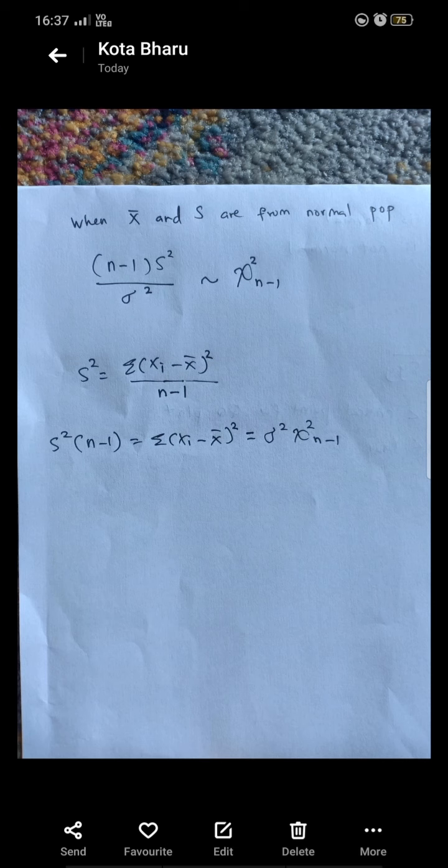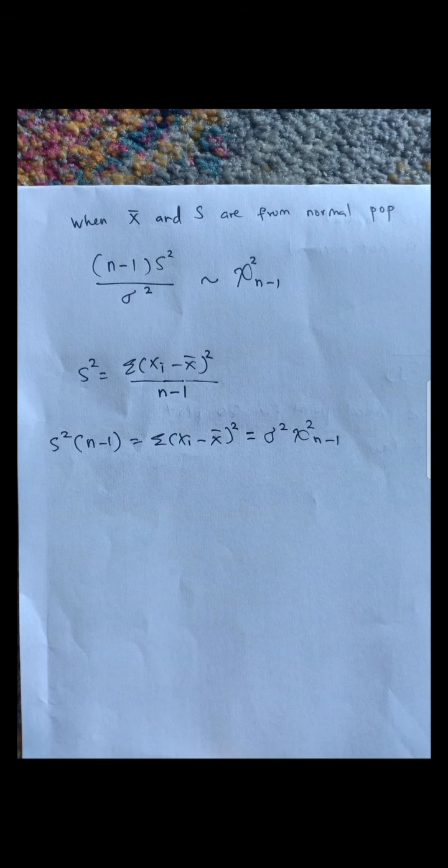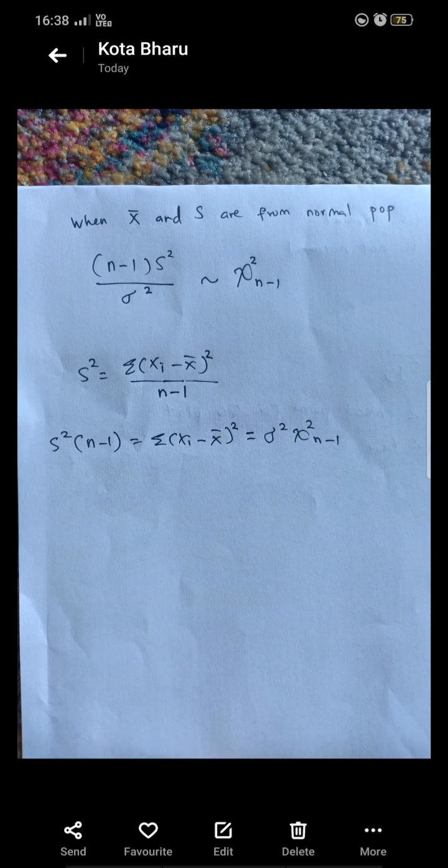When we manipulate this formula, s square multiplied by n minus 1 equals the summation of xi minus x bar square. So this term will be chi square n minus 1 multiplied by sigma square.